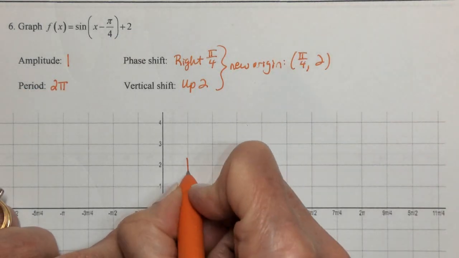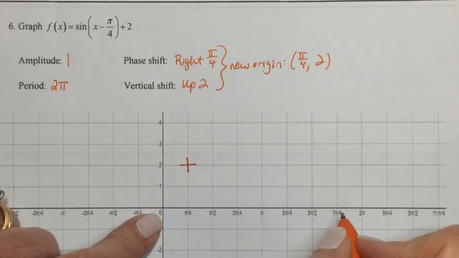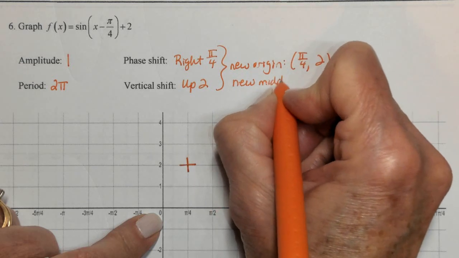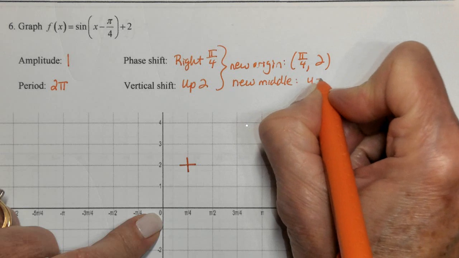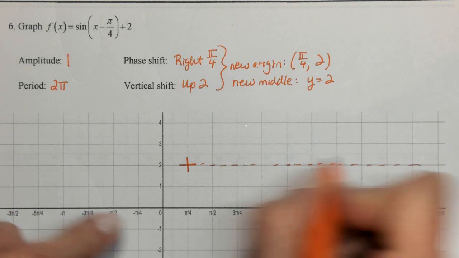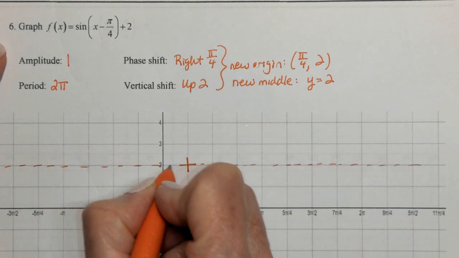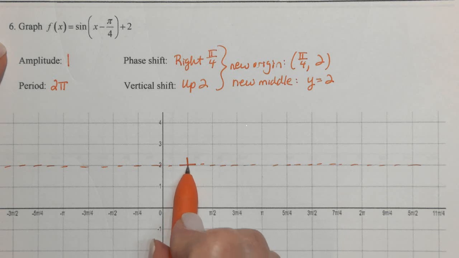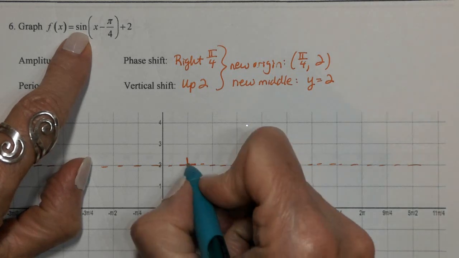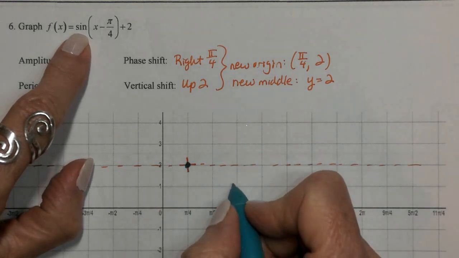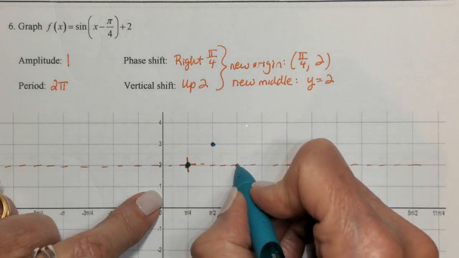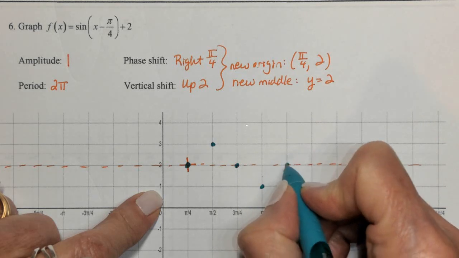Pi over 4, 2, and I put a plus sign right there. And then I draw a dashed line at my new middle. My middle was the x-axis, but my new middle is y is equal to 2. So y is equal to 2, that's my new middle. It extends from our new origin. Okay, so now we're thinking of that as my new origin. Sine starts at the origin and then goes up to its amplitude, high, and then back to the origin, and then down, and then back to the origin.